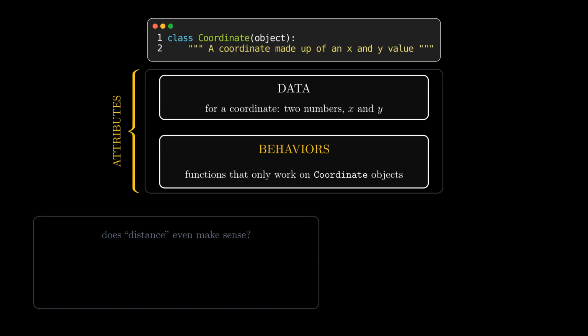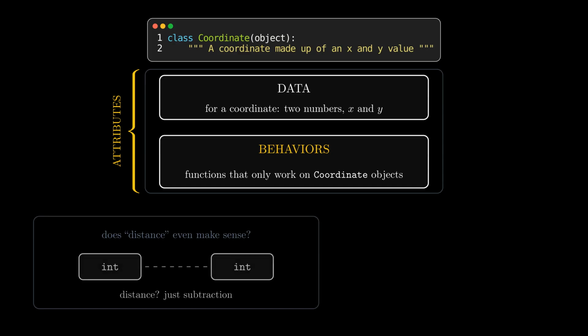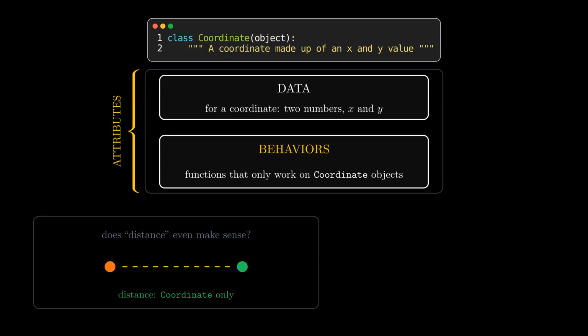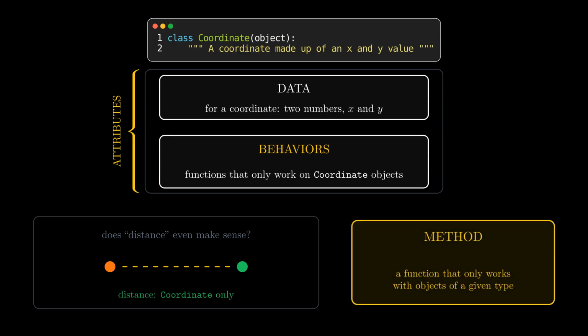That restriction makes sense. Finding the distance between two integers is just subtraction, no special behavior needed. And the distance between two dictionaries has no meaning at all. The distance behavior we sketched belongs to coordinates alone. Functions restricted to one type like this get a special name, methods. From the next lecture on, that is the only word we will use for them.